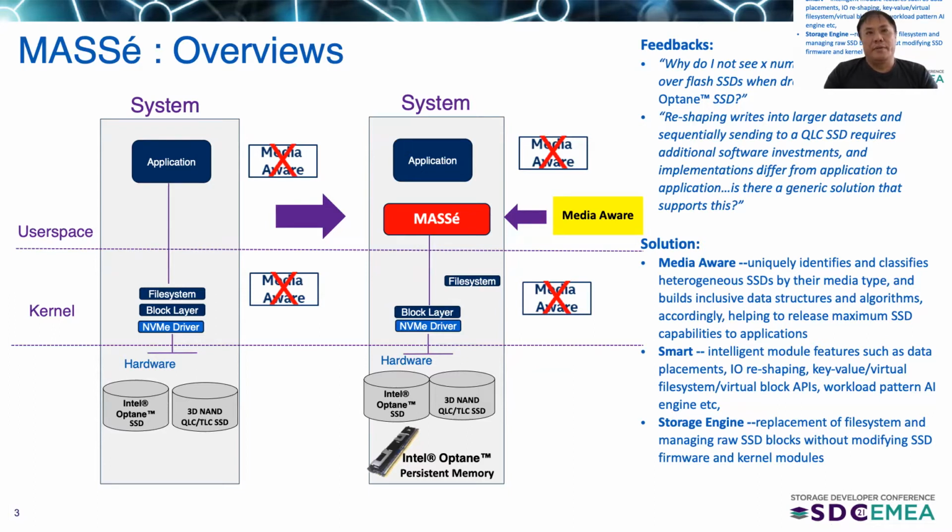One basic thing: with 3D XPoint, we don't need to erase before programming. It's write in place. With the QLC SSDs, we merge data, which I'll talk about in the next couple of slides, and we basically write data sequentially to the SSDs. So different data structure, different data placement. The purpose is to maximize hardware utilization.